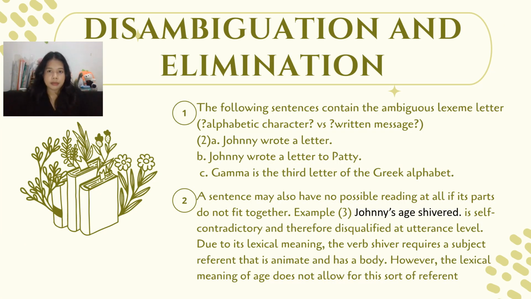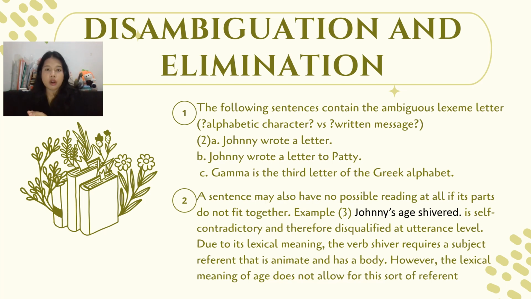So next, disambiguation and elimination. The following sentences contain the ambiguous lexeme letter: alphabetic character versus written message. Johnny wrote a letter. This sentence has two readings because the meaning of letter allows for both meanings.